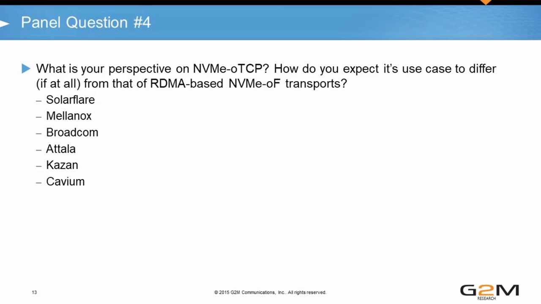And Amit, this is right in your wheelhouse, so why don't you start us off? Yeah, so I want to start from the latter part of the question, which is what are the use cases where TCP tends to be predominant and where we see it picking up real strong pace.